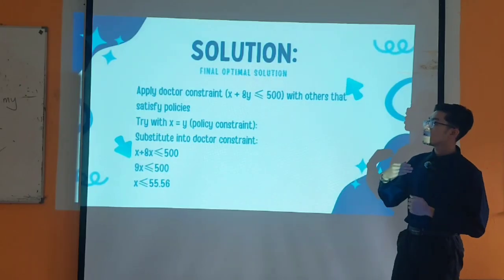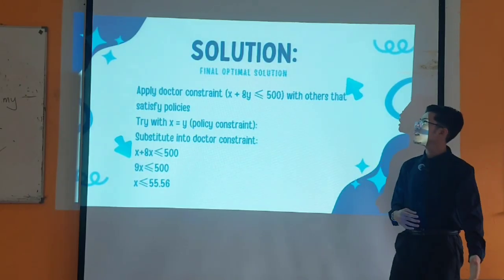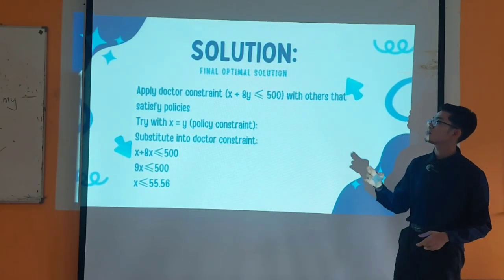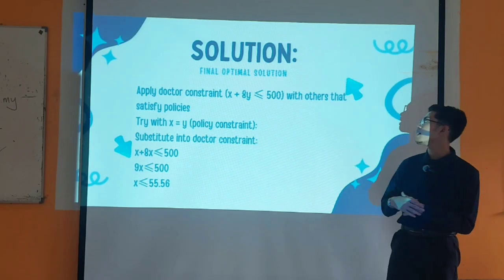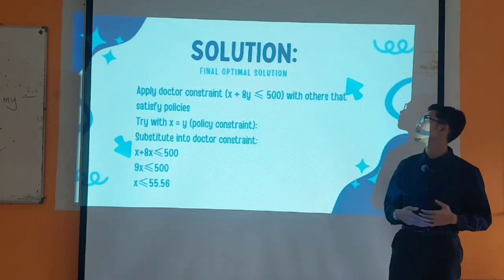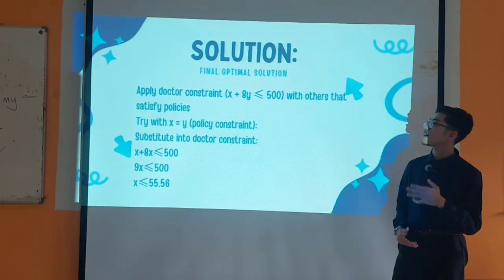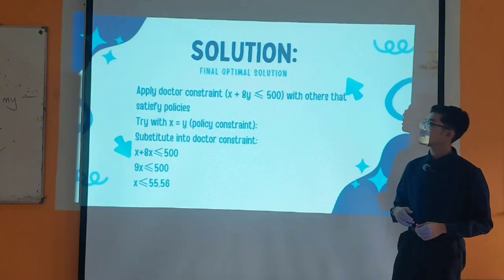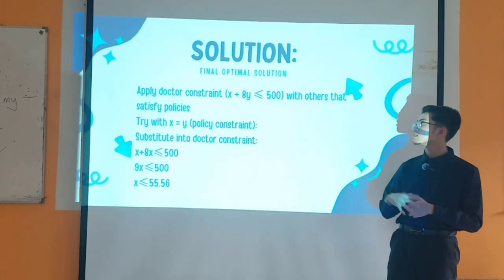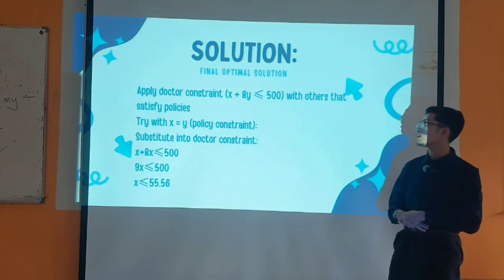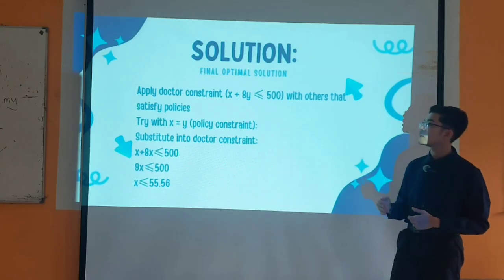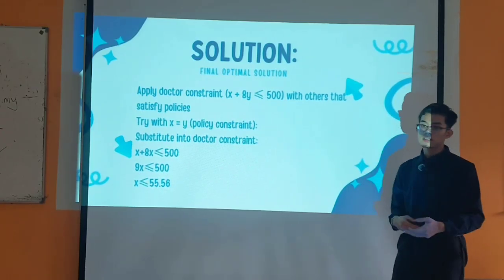Okay, we will apply the doctor constraint, which is x plus 8y is less than or equal to 500, with the other specified policies. We will try it with x equals y. So substitute it into the doctor constraint.